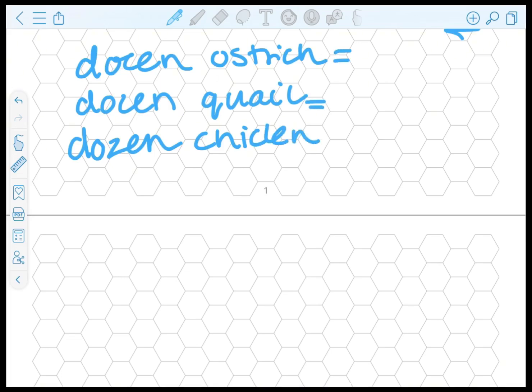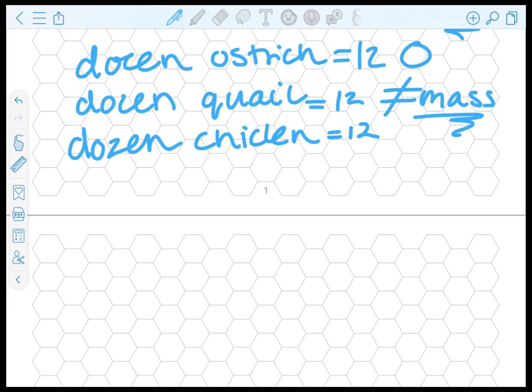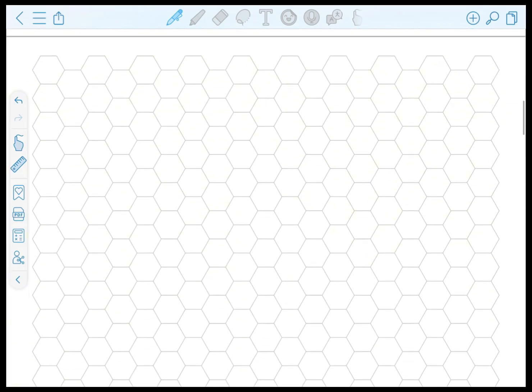They all contain the same number of eggs, 12, but they're all going to have different masses. Ostrich eggs are huge in comparison to quail eggs, which are really tiny, and chicken eggs, the ones that we eat, are pretty normal sized.